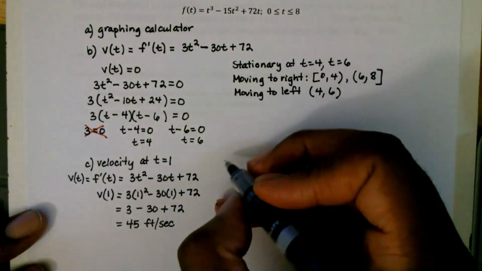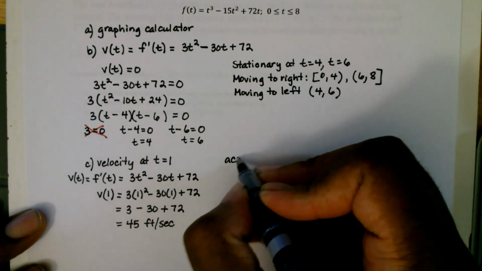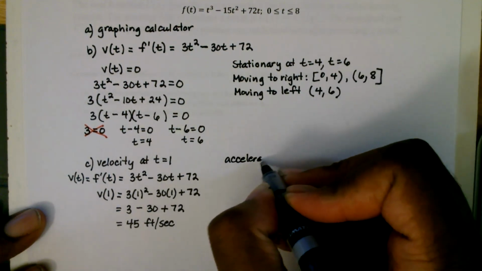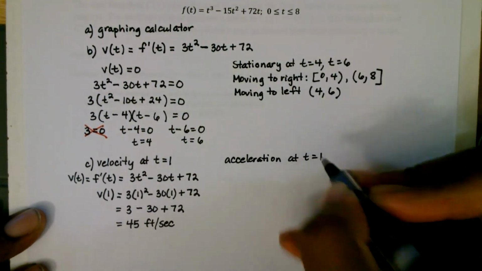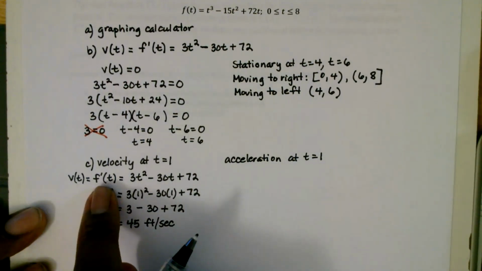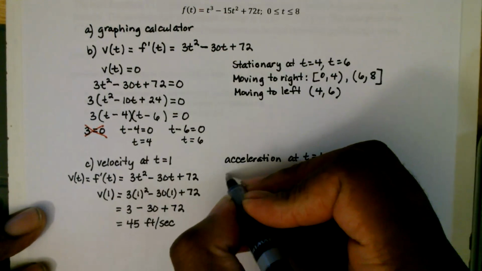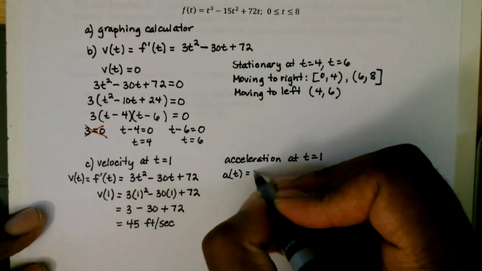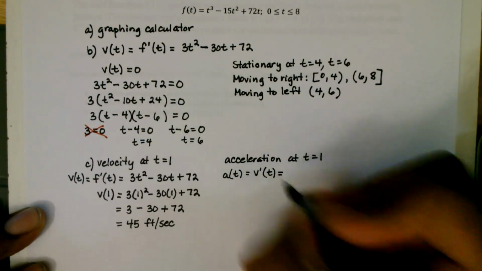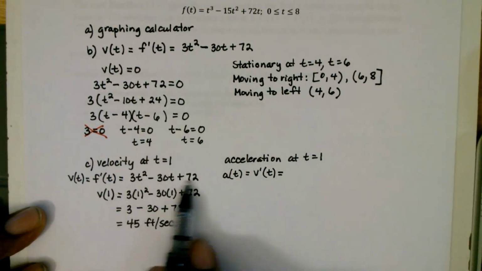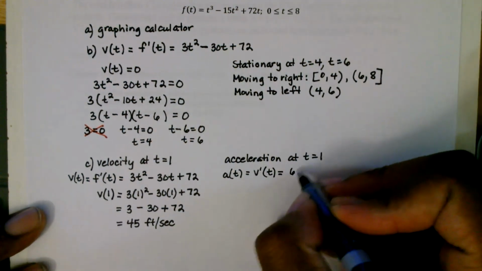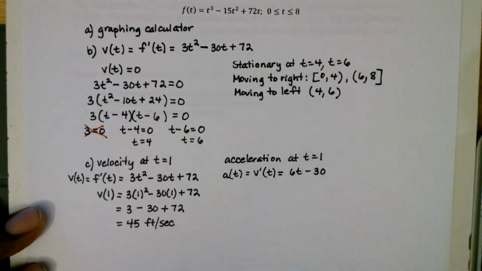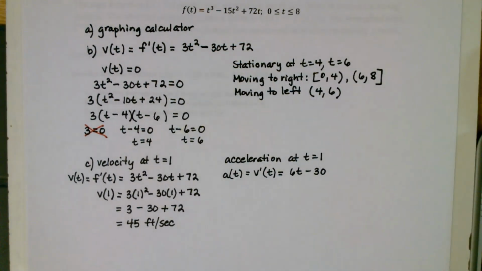Velocity is always going to be some unit of length per unit of time. Okay. Now, what about the acceleration of the object at t equals 1? Well, we know what v of t is. That's this. Now to find a of t, that's just taking the derivative of our velocity function. So if this is the derivative of the position function, which is the velocity function, take the derivative of that, that would be 6t minus 30.